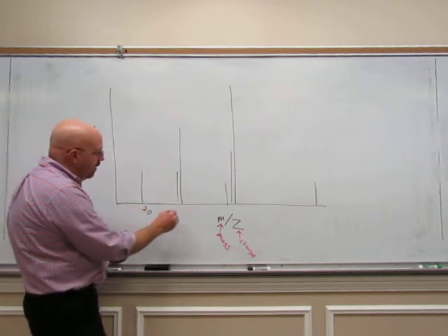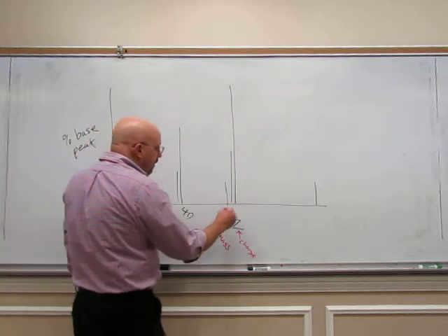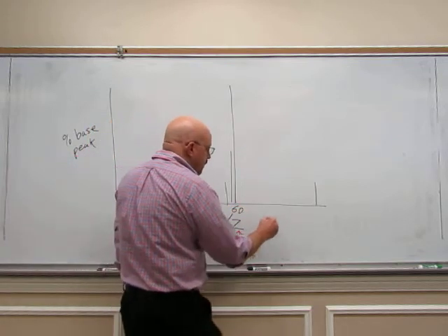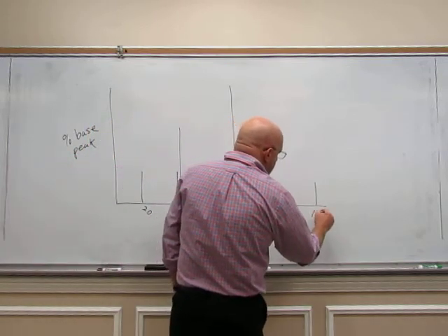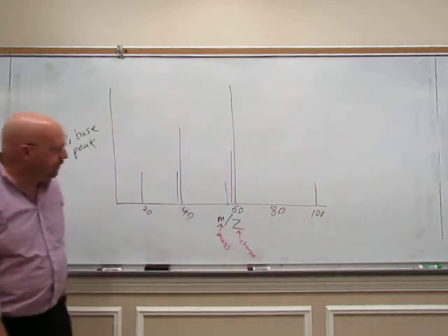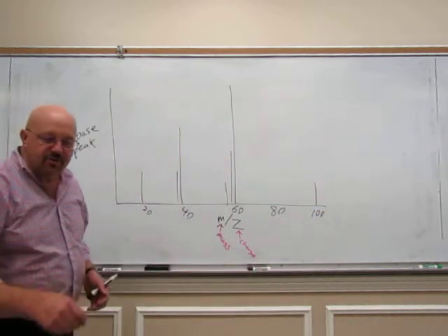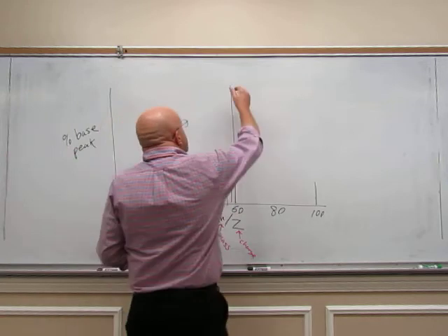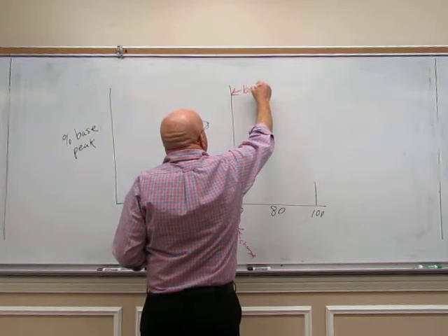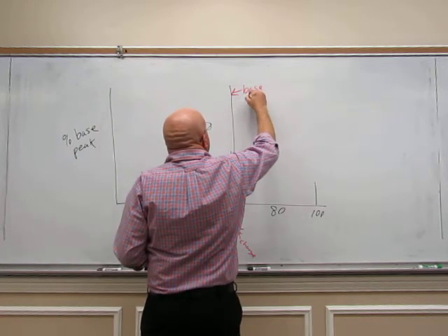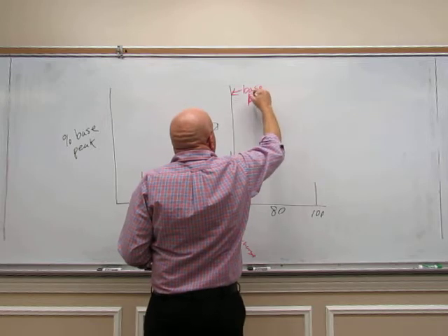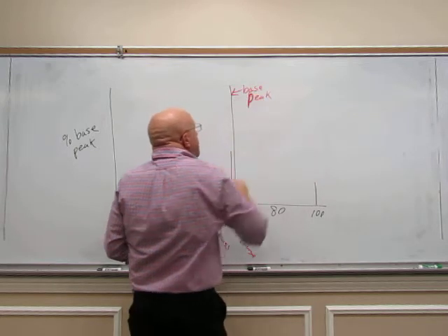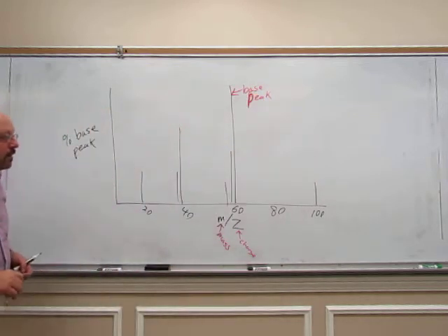Maybe this is 20, and maybe, I don't know, I'll just put something there. You'll have all your masses, and your base peak is just the biggest one. That's the base peak, the biggest one.